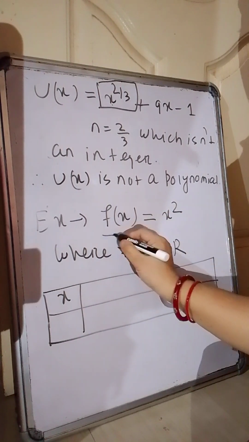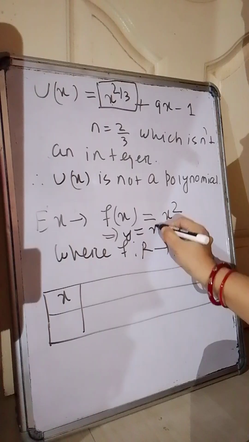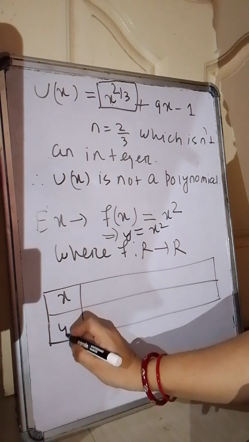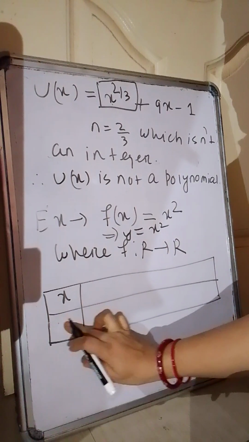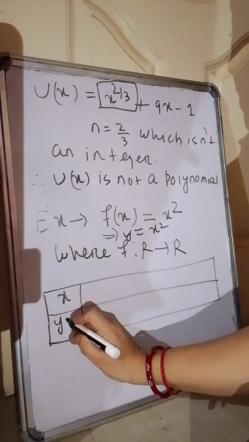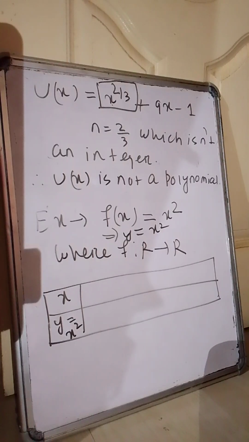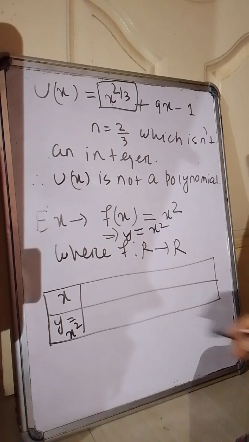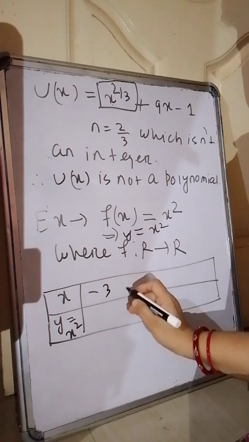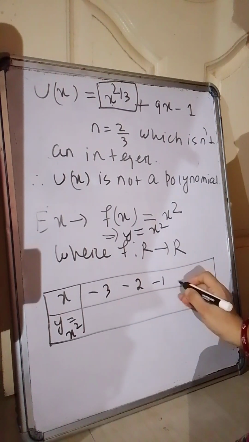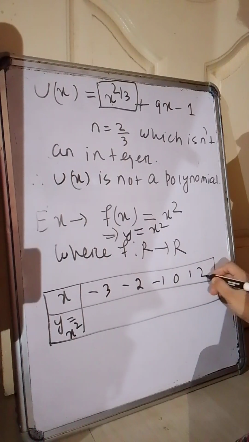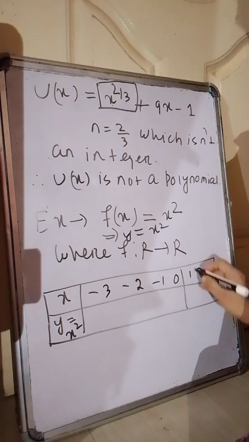So f of x equal to y, so y equal to x square. Now take some values, say minus 3, minus 2, minus 1, 0, 1, 2, 3.